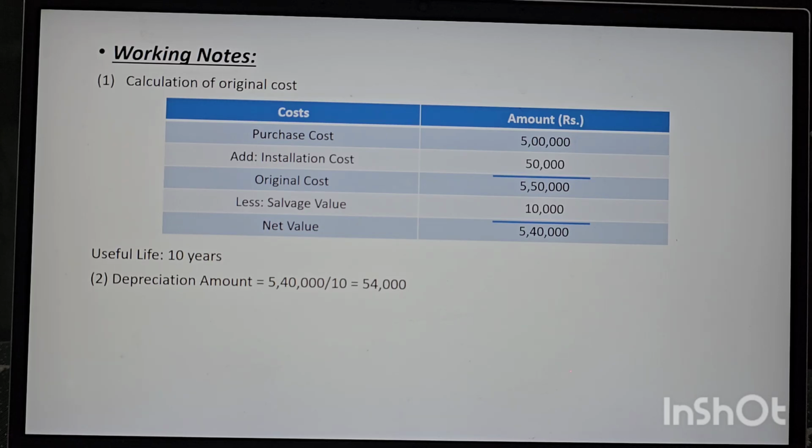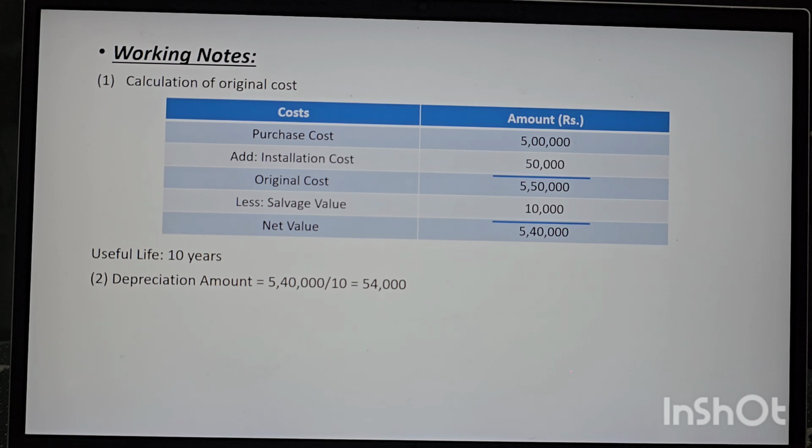So what is the total amount of the asset in that case? It is 5,50,000. Then we deduct the salvage amount, which is the residual amount of 10,000, and we get the net value of 5,40,000. This is nothing but the net value of the asset.